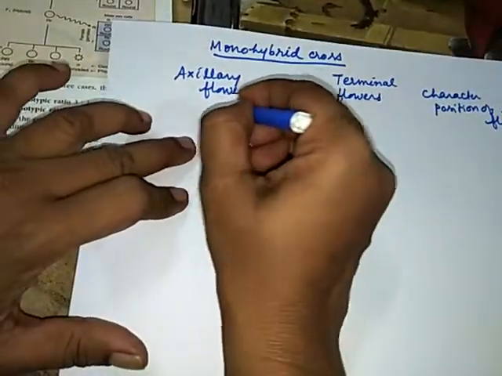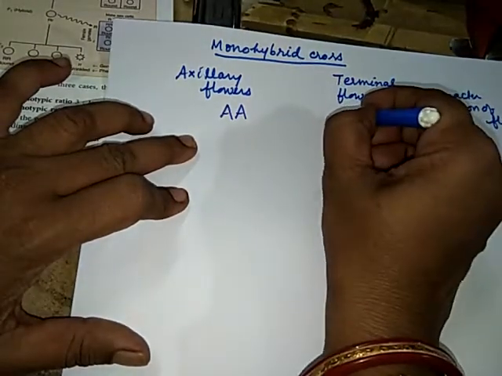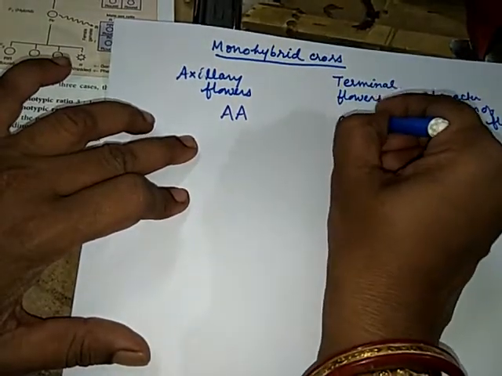Axillary flowers are symbolized with A and A, and terminal flowers with the same letter in small letters.